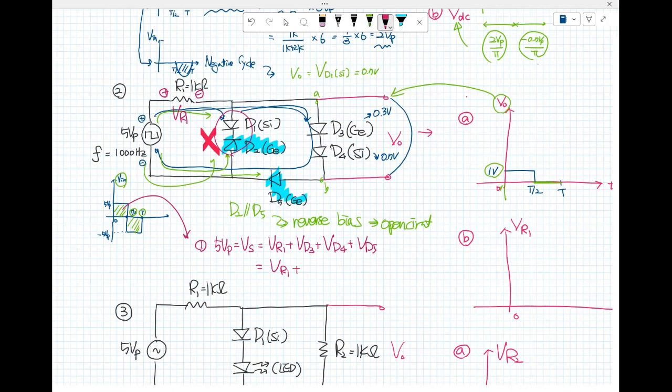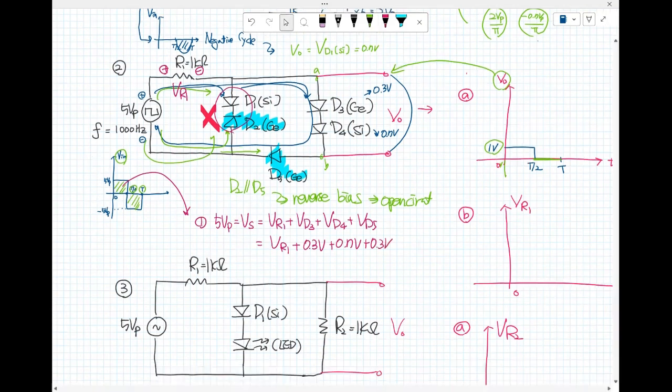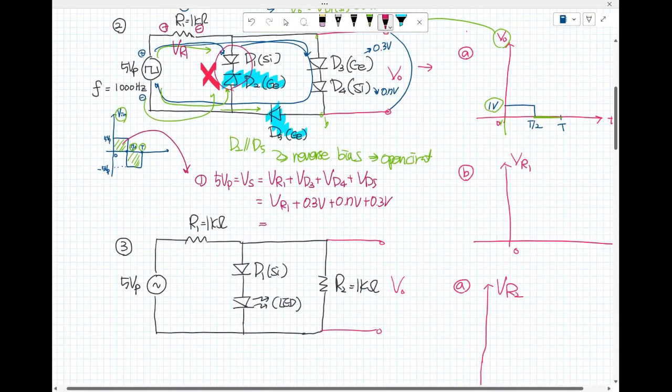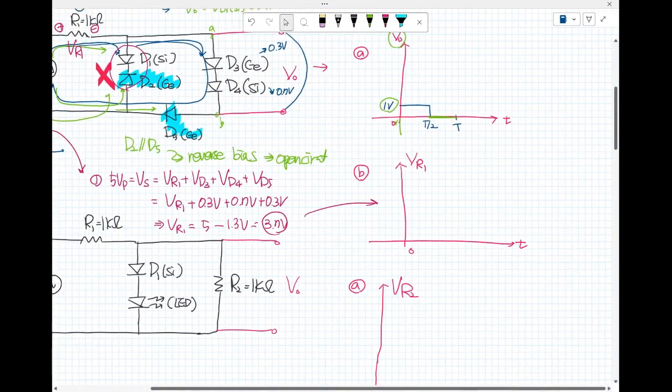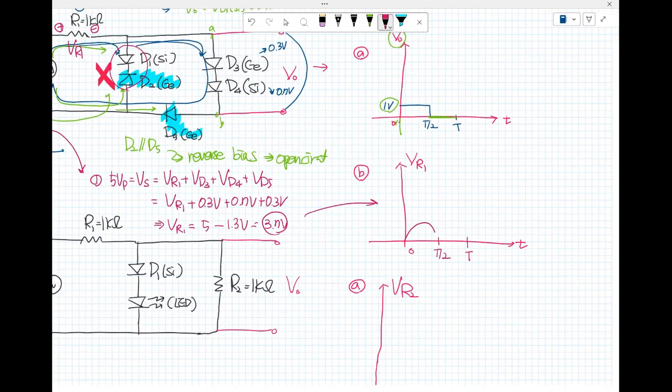Okay. V sub R sub 1. This is what we wanted to find, and D sub 3, the GE 0.3 volt, 0.7 volt, 0.3 volt. Here. So V sub R sub 1 is what? 5 minus 1.3 volt. That was 3.7 volt. So go back to here. T/2 and T. That was 3.7 volt.